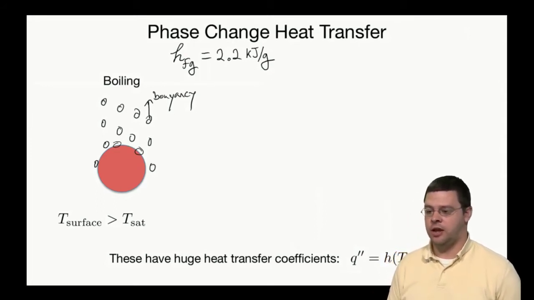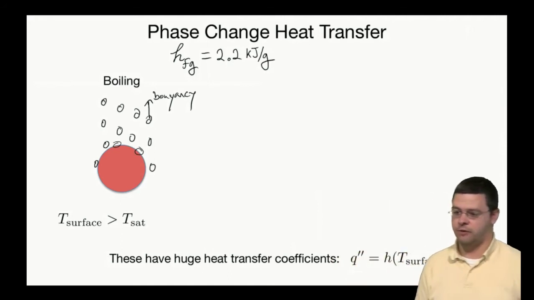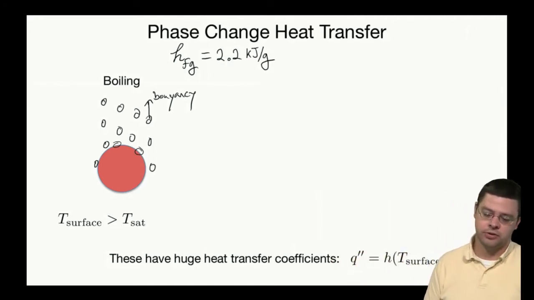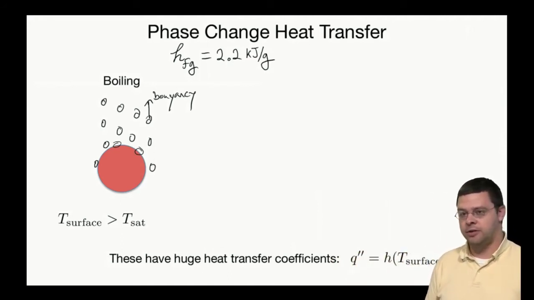And so these can have very large heat transfer coefficients. I'll give numerical values on the next slide, but typically these are 100,000 times better than natural convection, and I'm really not making that number up.